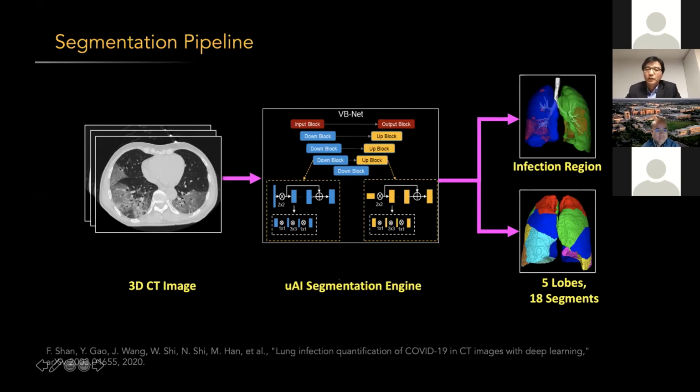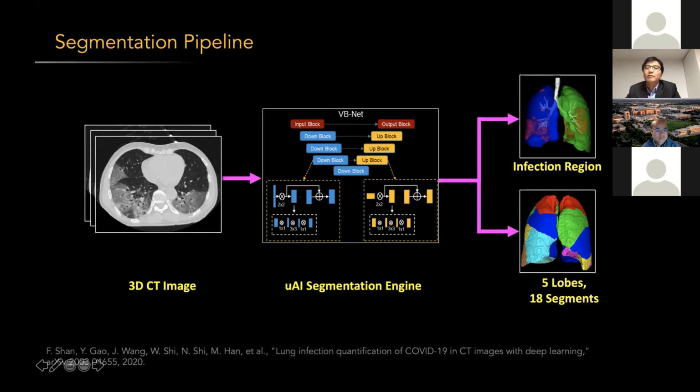And there are other innovations in this development, and what we call, as many of you know, a technique called human in the loop. It means the algorithm and humans, particularly radiologists, work together. Remember, in the beginning of COVID-19, you didn't have a lot of images with manual labels for infection or manual segmentation for the lobes and the segments.